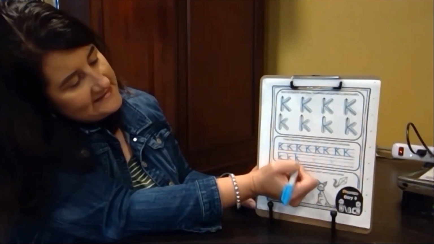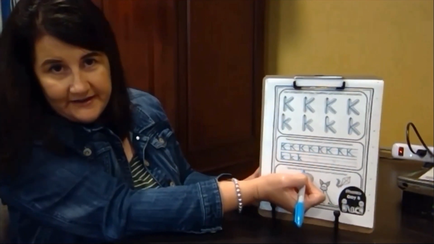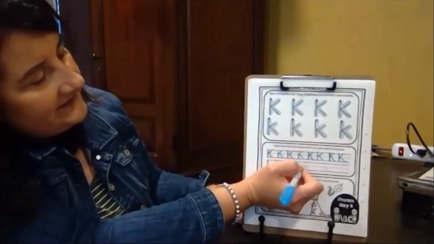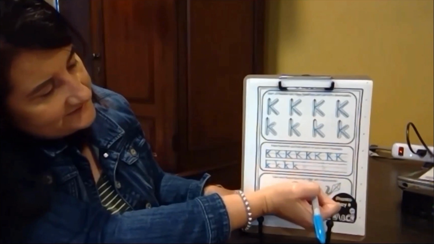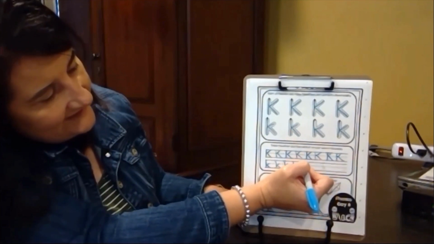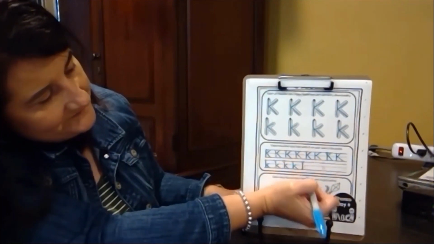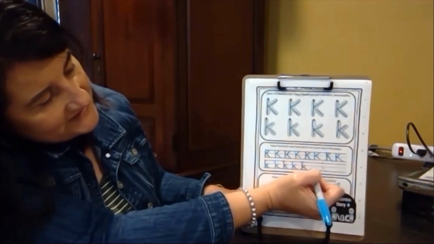Slant in, slant out, and then try it on your own in that little space. Trace lowercase k, straight down, slant in, slant out.